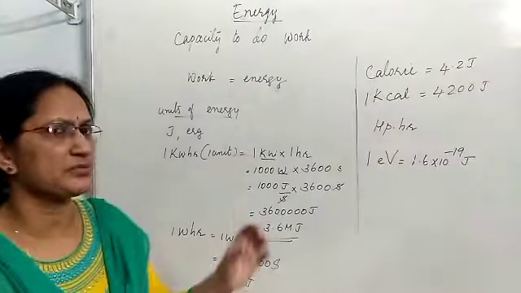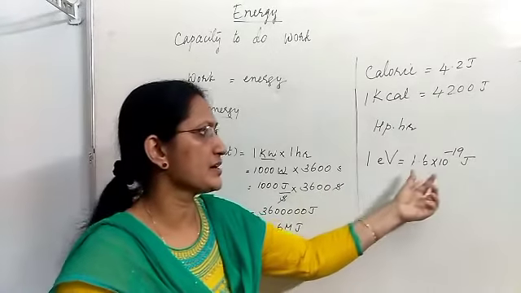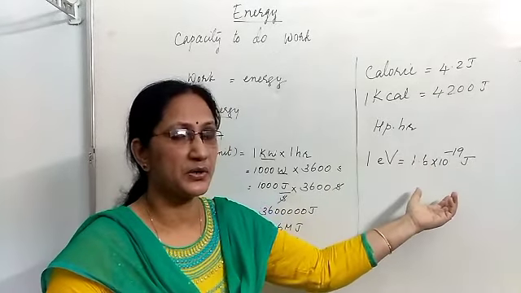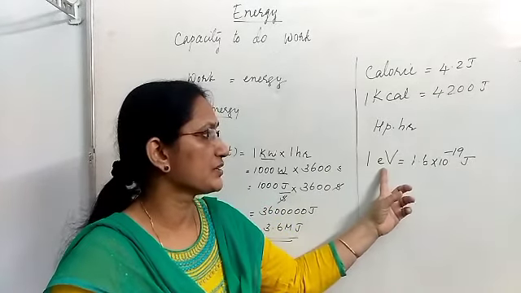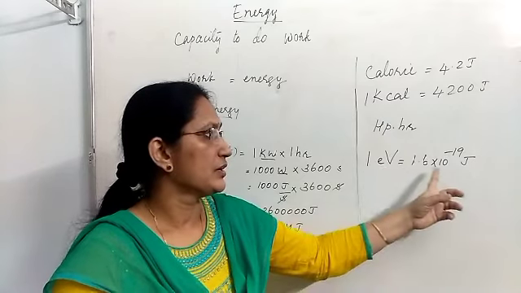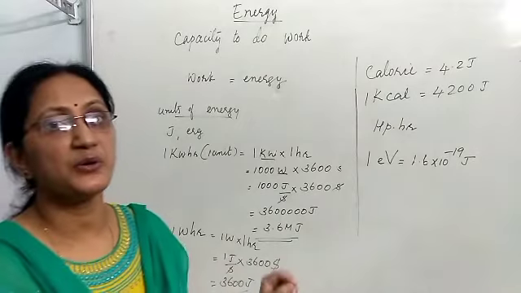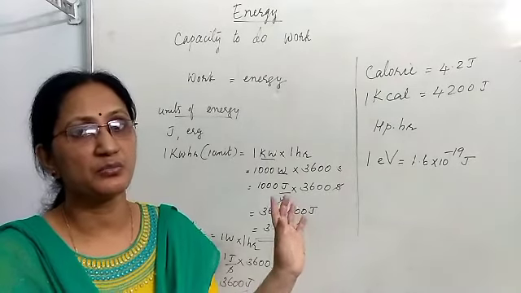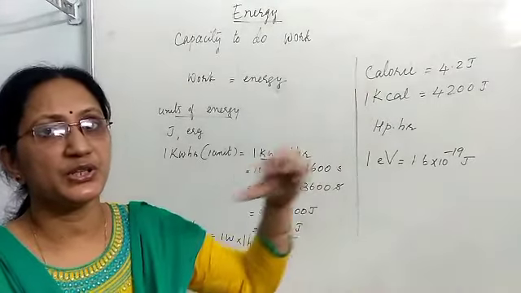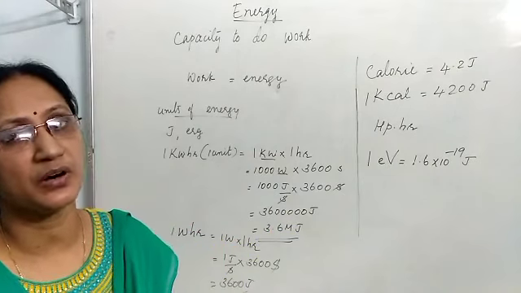When we have to measure very small amounts of energy, like the energy of an electron, we use this unit, electron volt. 1 electron volt is defined as the energy gained by an electron when it moves through a region of potential difference 1 volt.